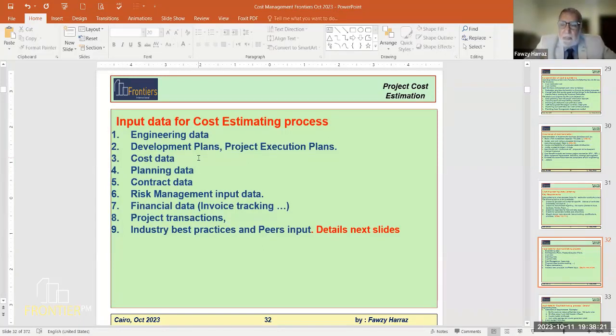Is it 20 million? Is it 10% or whatever? And there is a detailed process of quantitative risk assessment as part of this course that will follow later on. It's very important. It's not a direct cost estimating role, but cost estimation uses the input from the risk management group. Financial data, invoice tracking, that's actually important in the cash flow.